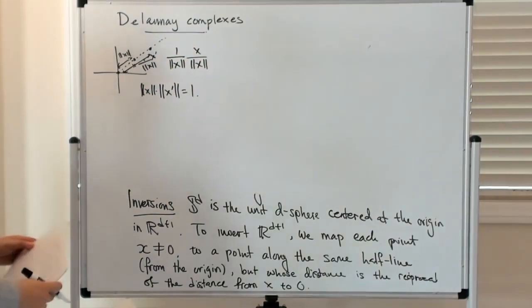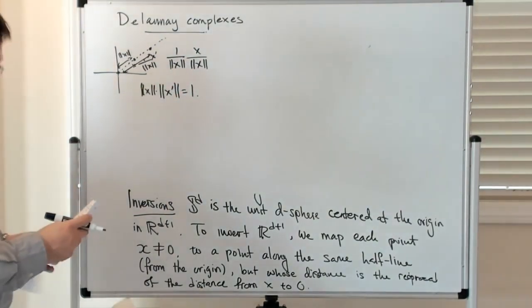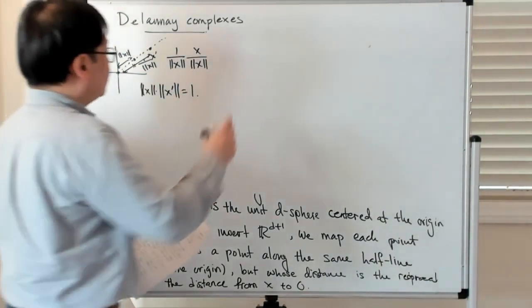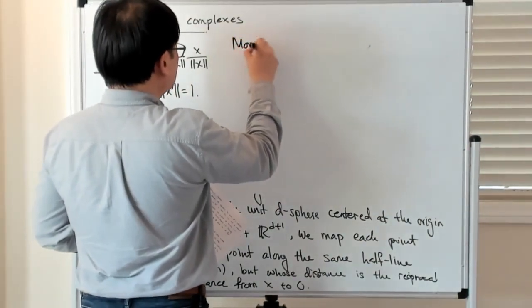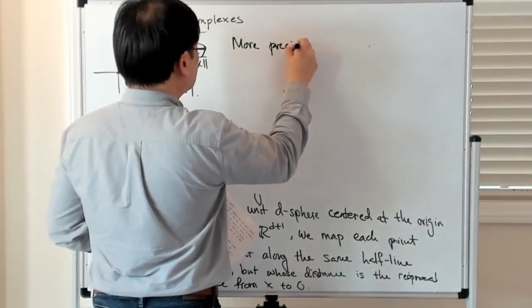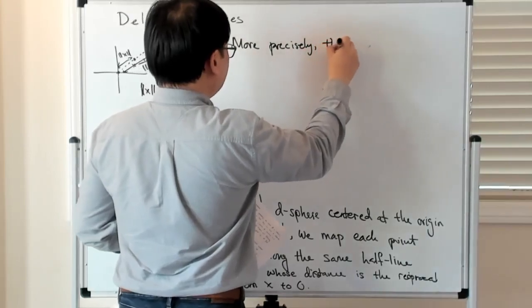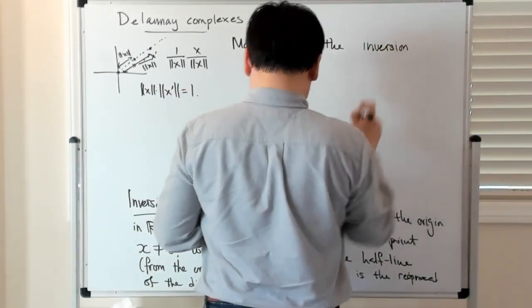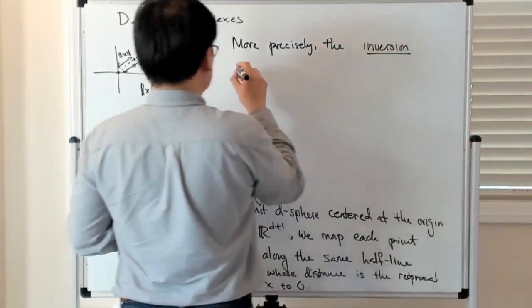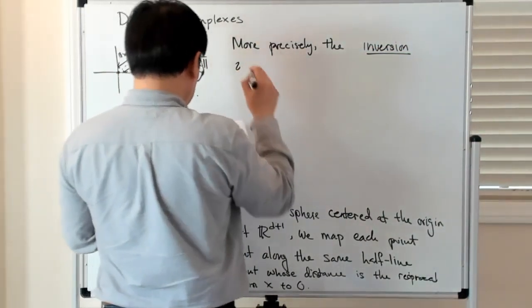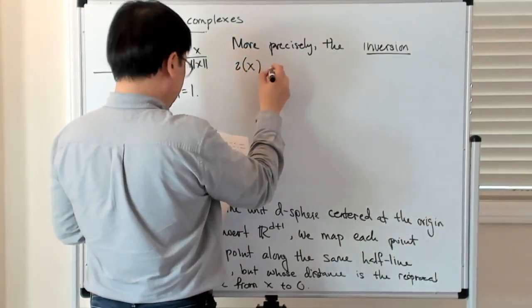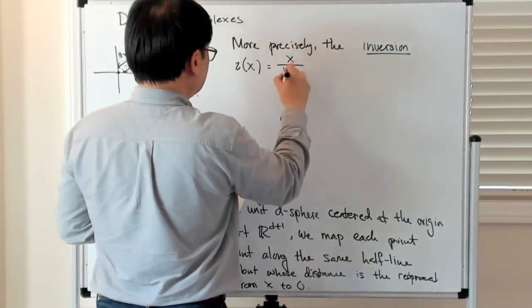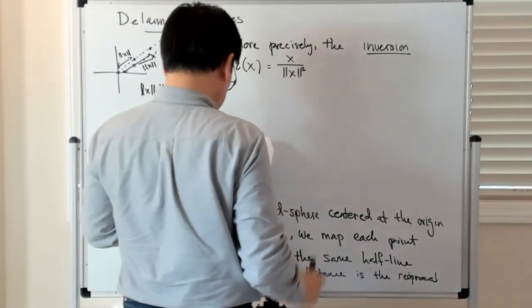So you get x divided by the norm of x squared. More precisely, the inversion map, let's denote it by I, is I of x equal to x over the norm of x squared.